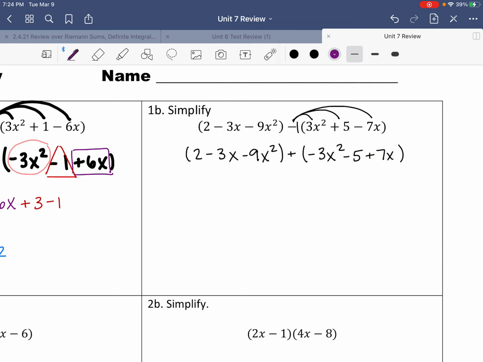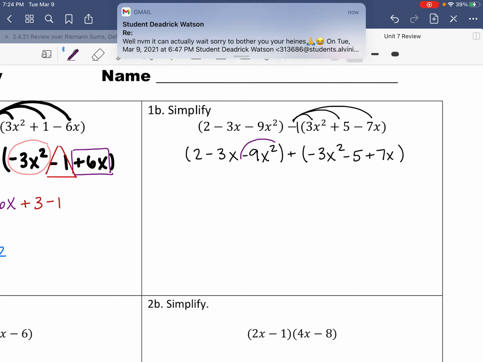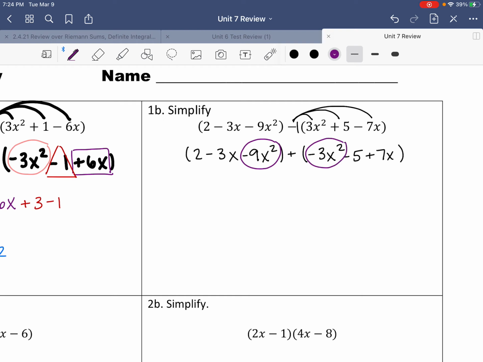Then we find our like terms. I'm going to start with the x squared. So I have -9x squared and -3x squared. So -9x squared minus 3x squared.